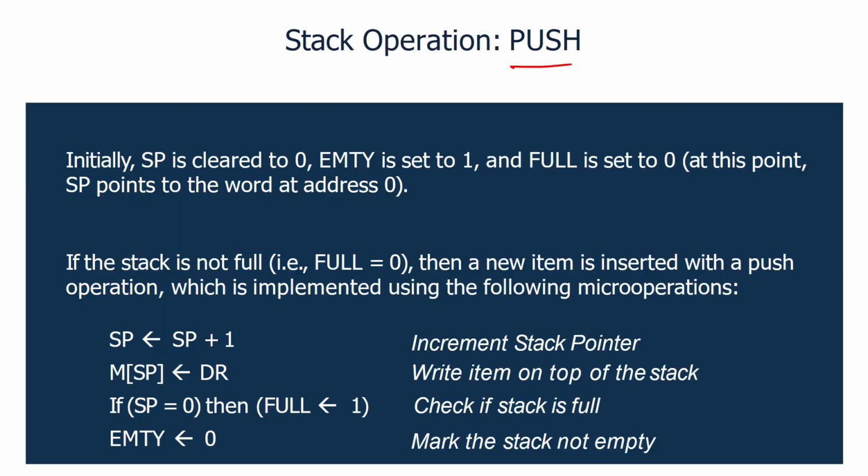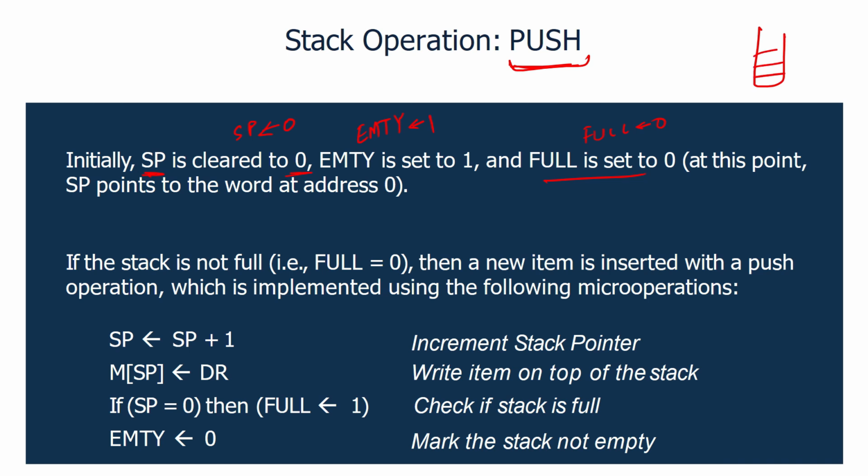Now let's see push. For push, initially SP is cleared to 0, so my SP is having value of 0. Empty is set to 1 and full is set to 0. So initially my stack is empty.